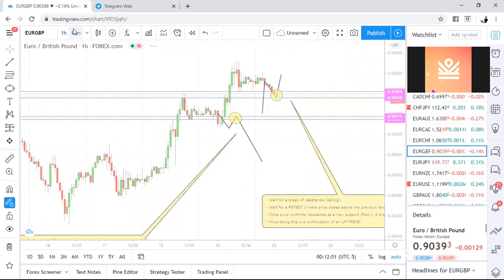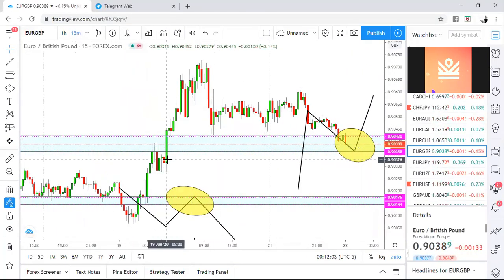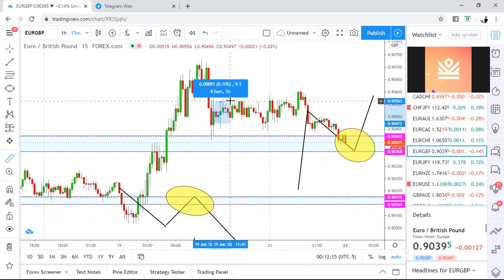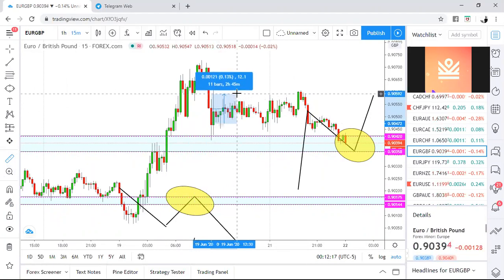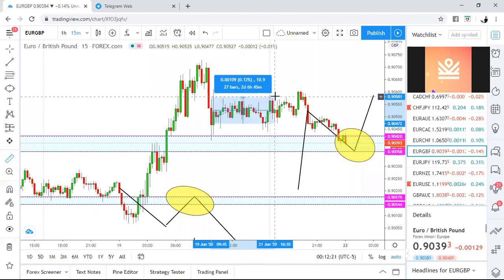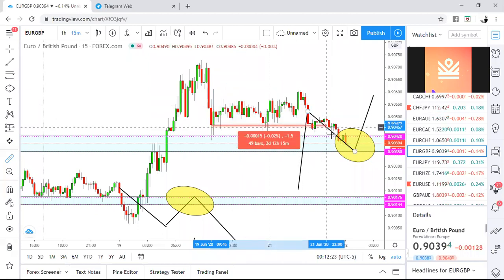If we go on the 15-minute, we can see price broke, it went into the zone, and then it came out, and that's what I would have entered. So if you entered right here, for example, it went 10 to 15 pips, and then you would have caught your 2 pip stop profit.